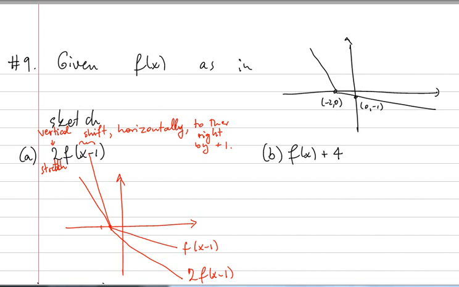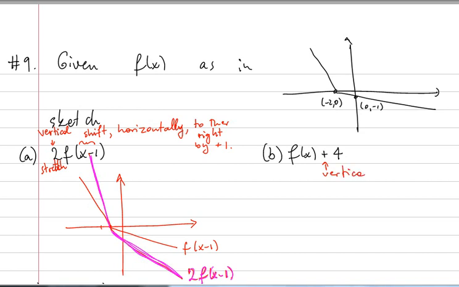And let me color code it in a different color. So the final answer is going to be this purple. Okay, part B. This is a simple vertical shift.